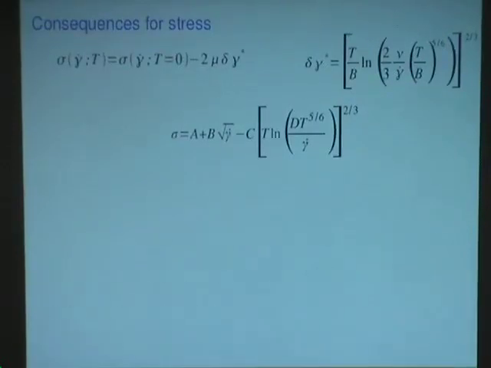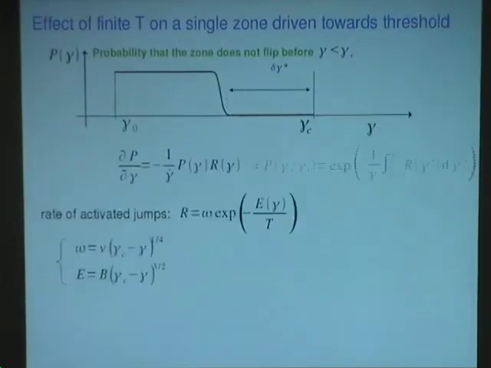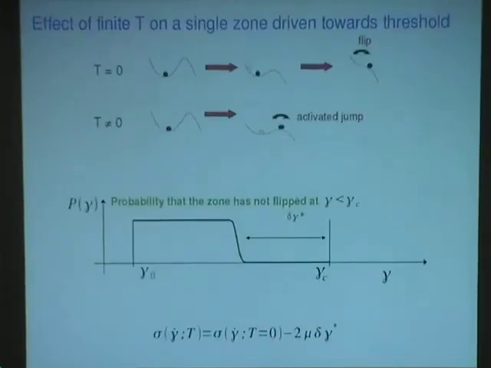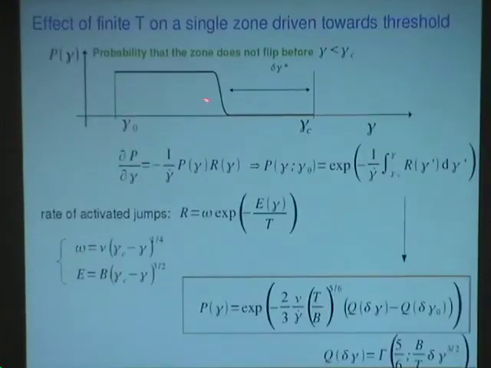That's a very important point. When you do activation theory, you always need to make an assumption that the barrier height is large compared to the temperature. Now, if you go to a very small strain rate, what happens at low temperature is that you can go very close to the saddle point.